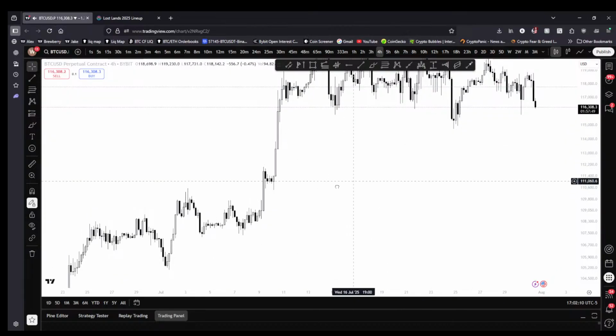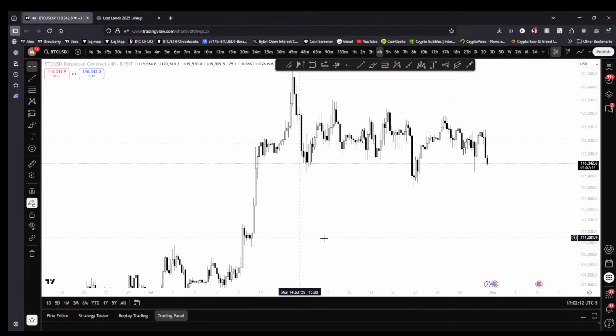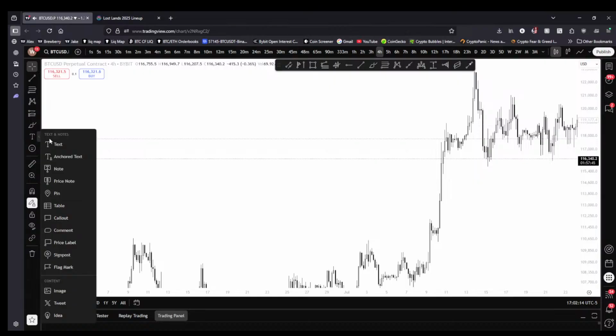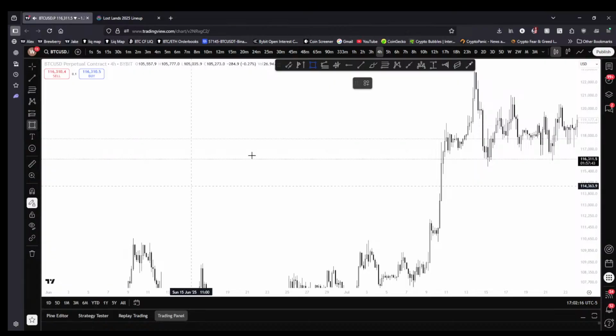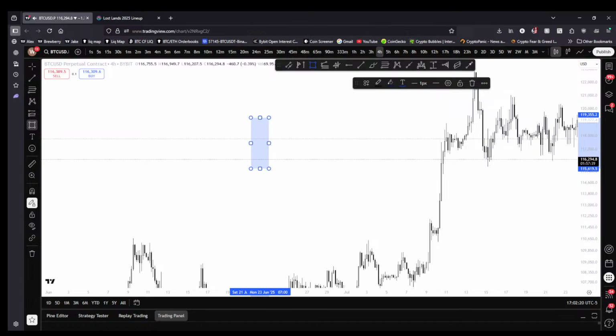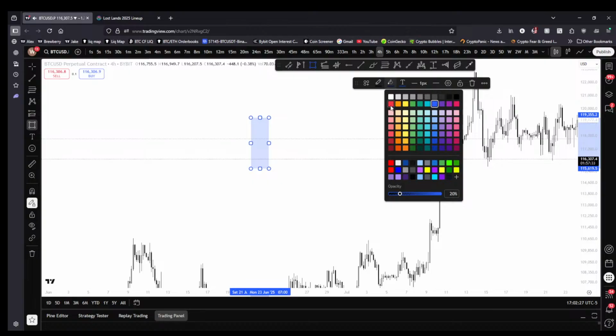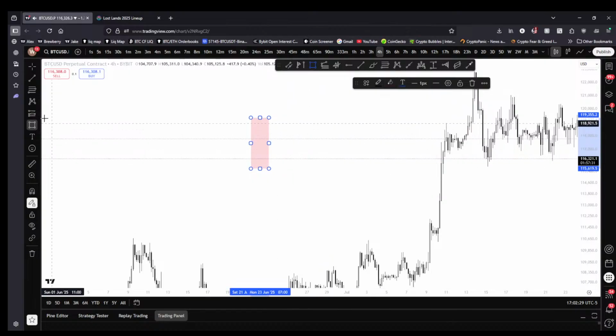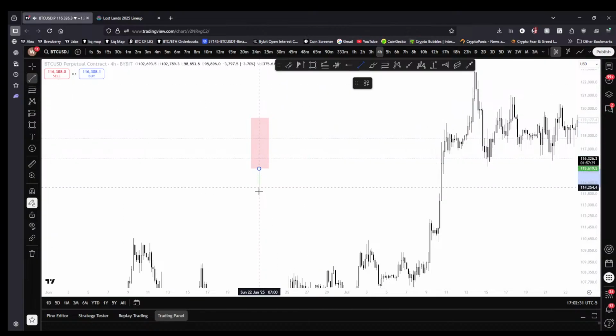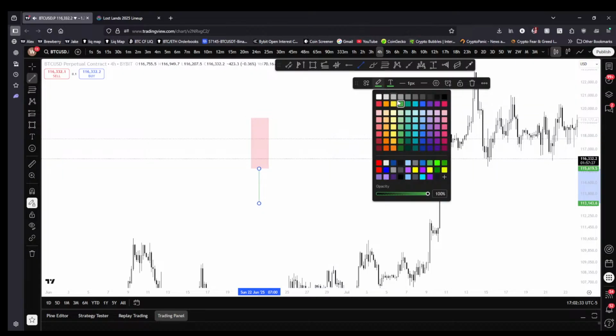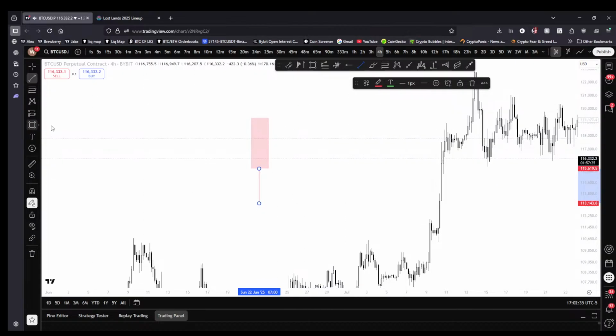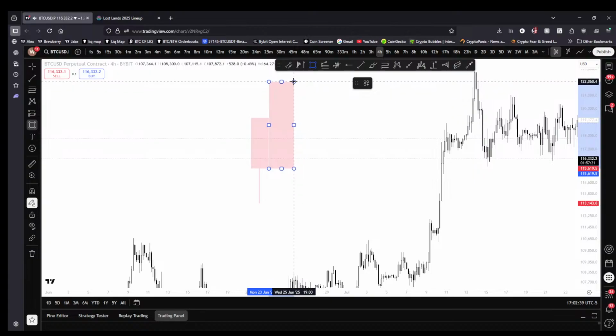An order block would be, let's say you have a bearish candle followed by a bullish candle.